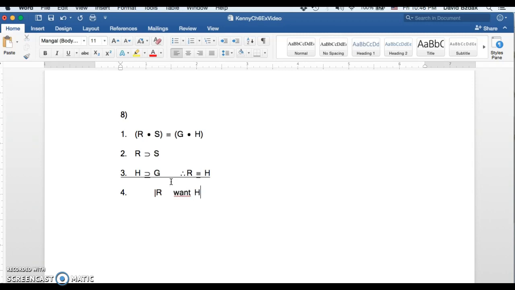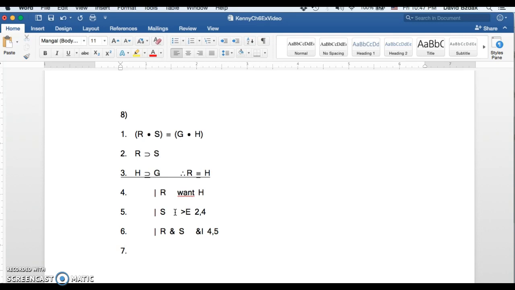So the first conditional we need to get is R conditional H. So now with R we can get S by conditional elimination of 2 and 4. We can do R and S by conjunction introduction of 4 and 5.